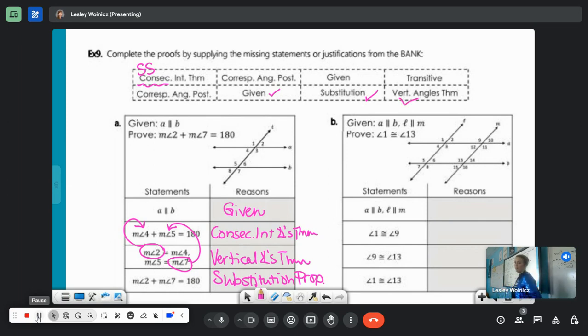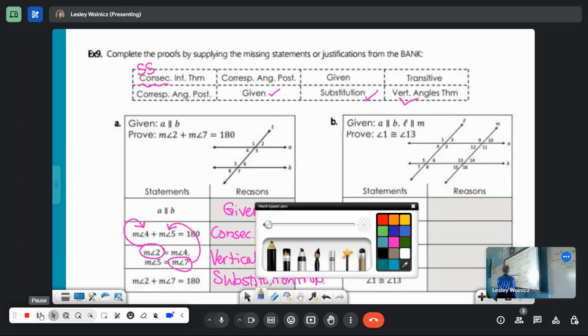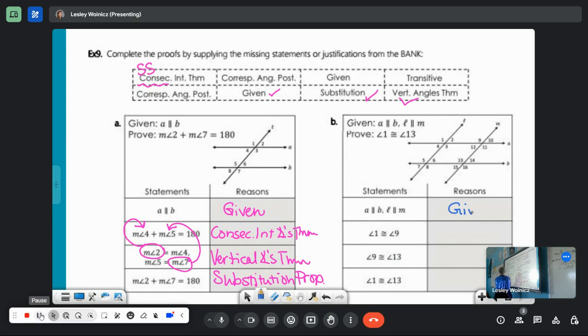Okay, do you guys want to try B? How do we know that the lines are parallel? Given. Okay, how do you know that angle 1 and angle 9 are congruent? Good. All right, how do we know that angle 9 and angle 13 are congruent?